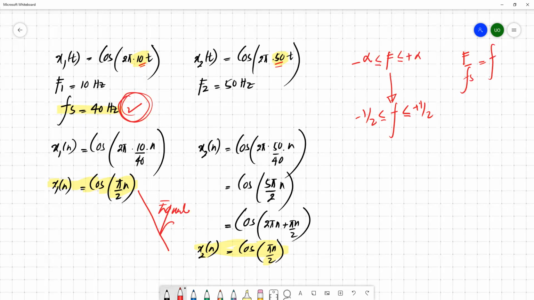So this is the continuous domain frequency, this is the discrete frequency, and this is the sampling frequency. This is the mapping between discrete and continuous. And again, the maximum is like half, so F is mapped to this value.